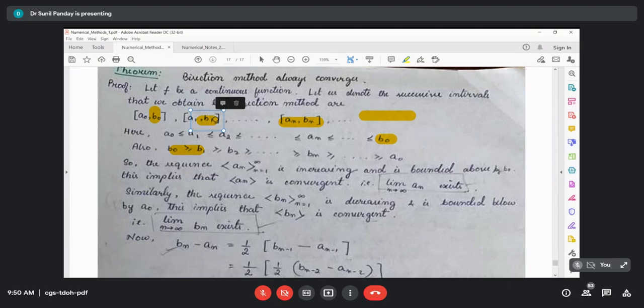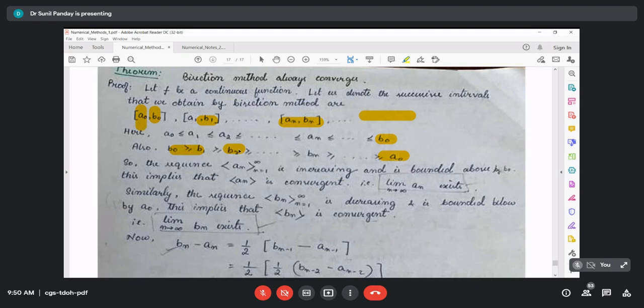If b1 is (a+b)/2, it means b1 is less than b0, and if b1 is equal to b0, then it is equal to b0. So obviously b1 is less than or equal to b0. A similar discussion applies to b2. b2 is less than or equal to b1, and so on, and they are not less than a0, because the first interval is [a0, b0], so the b's cannot take values less than a0.